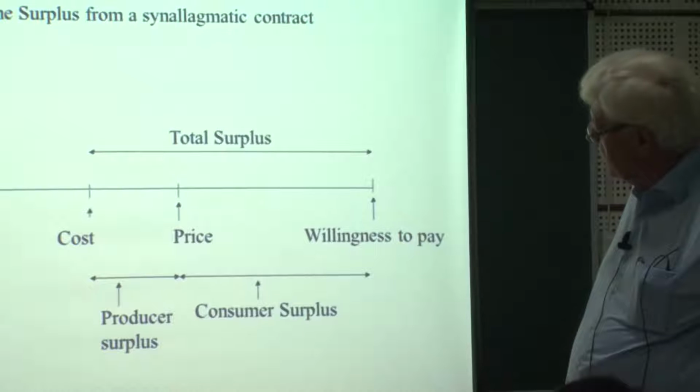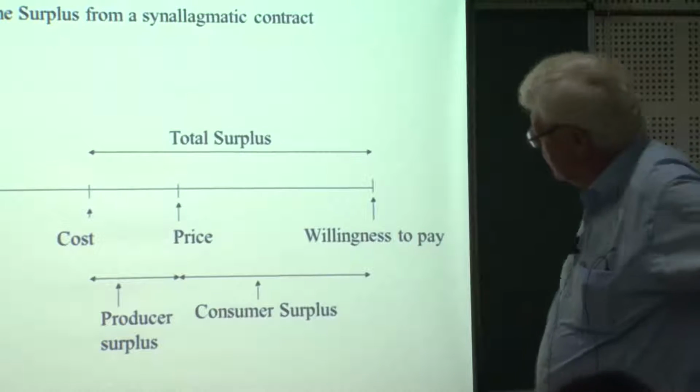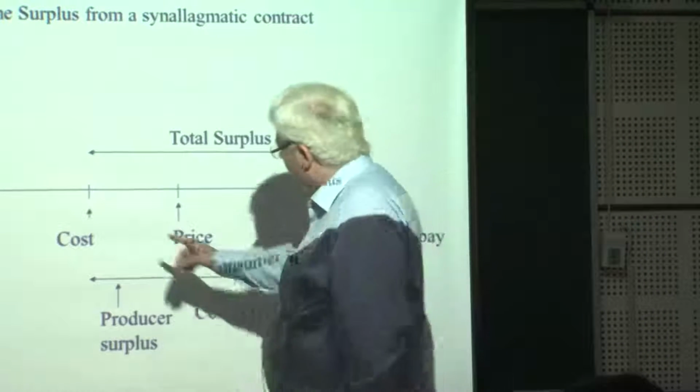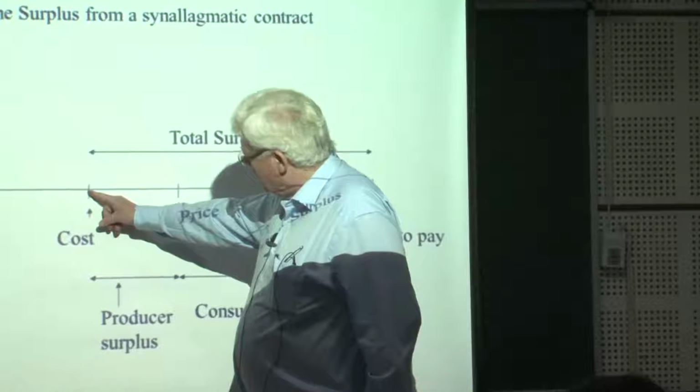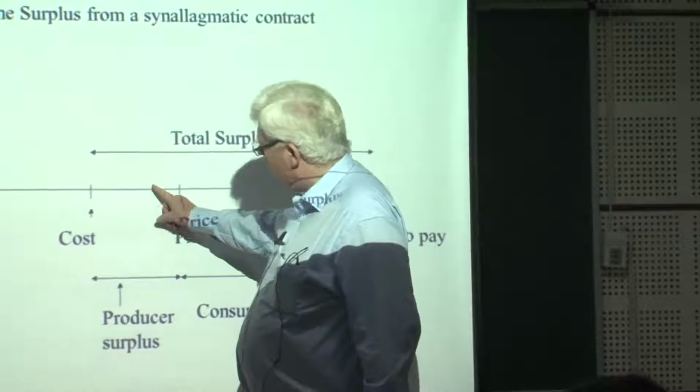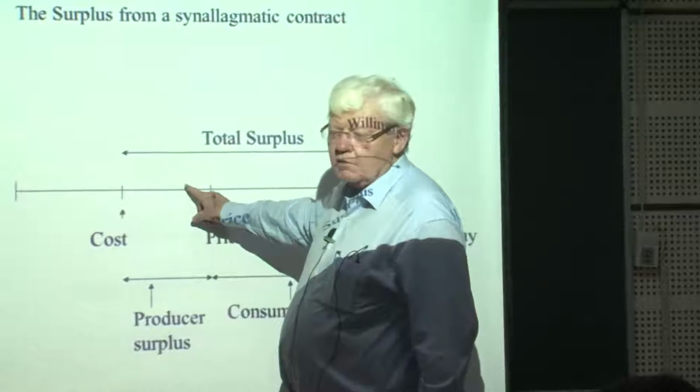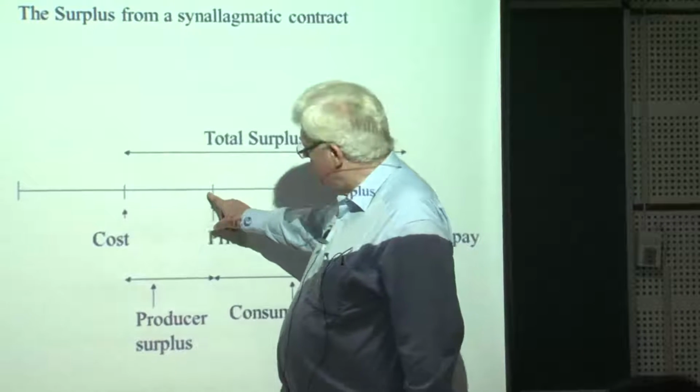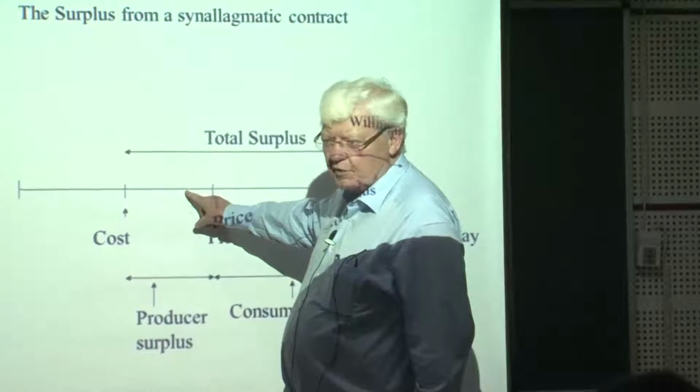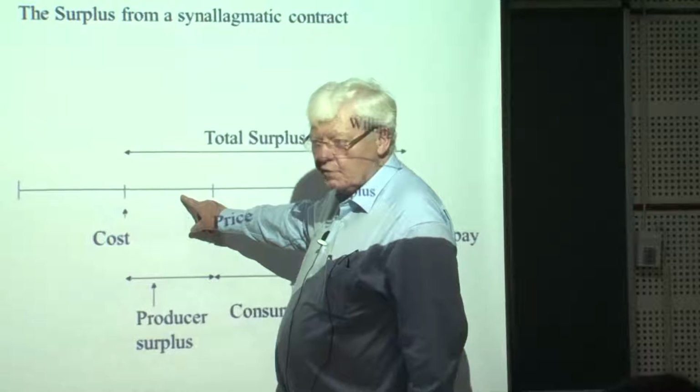If the cost exceeds the willingness to pay, yes. Now, assume that the cost would increase from here, let's say, to here. Then nothing changes, because still there is a producer surplus and the producer would still deliver.